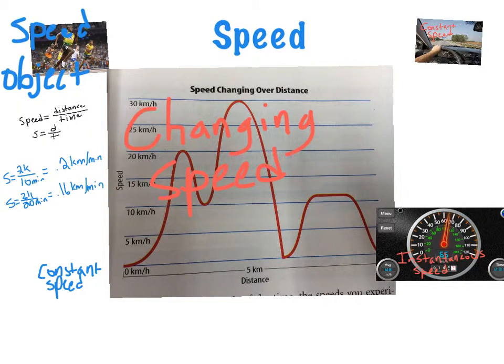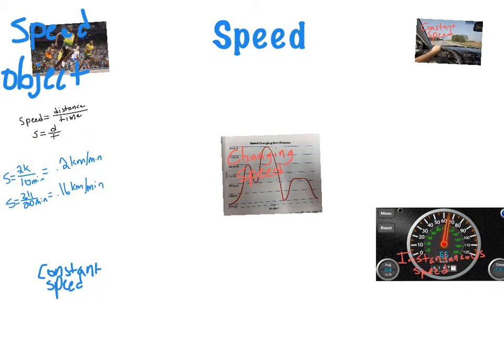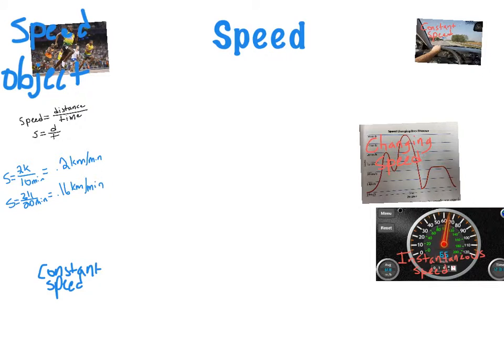So if we look at this picture, you can see that sometimes our speed is really low, like down here, and sometimes we're moving really fast up here. So this is like we were biking to our friend's house, and sometimes we're stopping at stop signs. Maybe here we stopped at a stop sign, and maybe here we're riding back down a hill or something. Moving on, it says many times when we find speed, we are actually talking about our average speed.